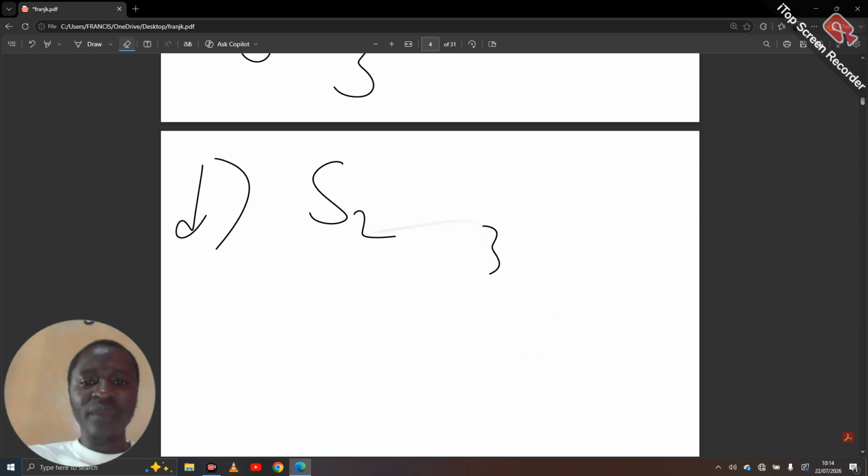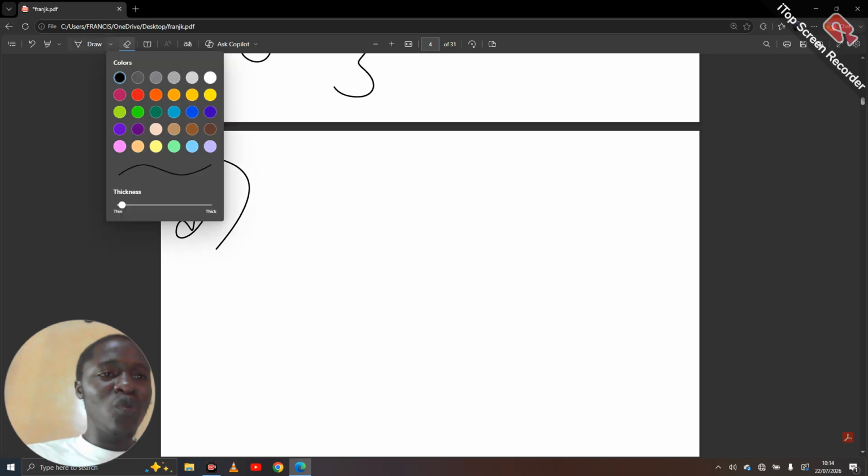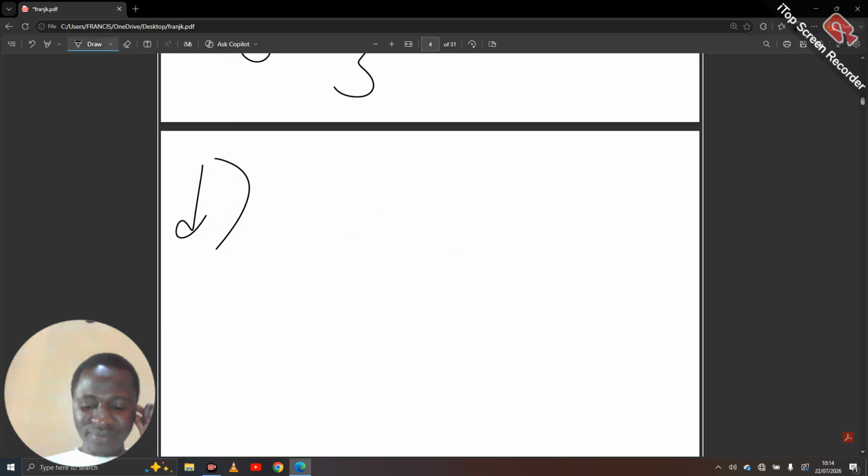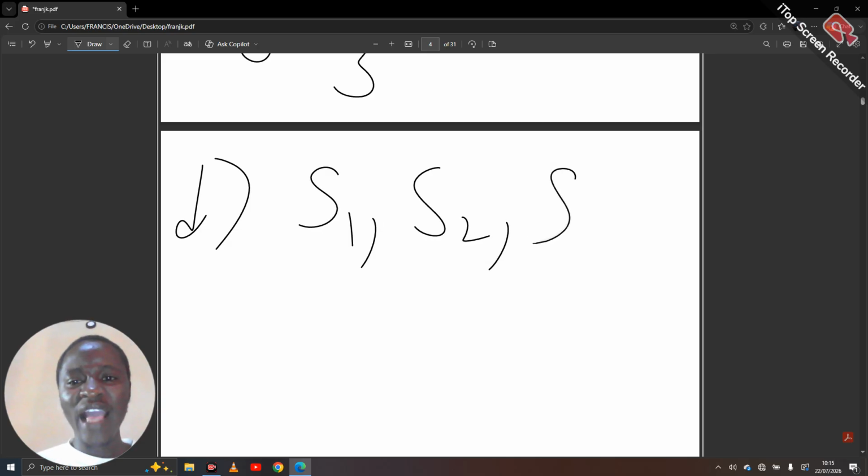So whatever we'll be integrating is this. We'll be having S1, S2, and S3. From the question itself, determine its total displacement in the second and the third second. There are some things that I first want you to know.